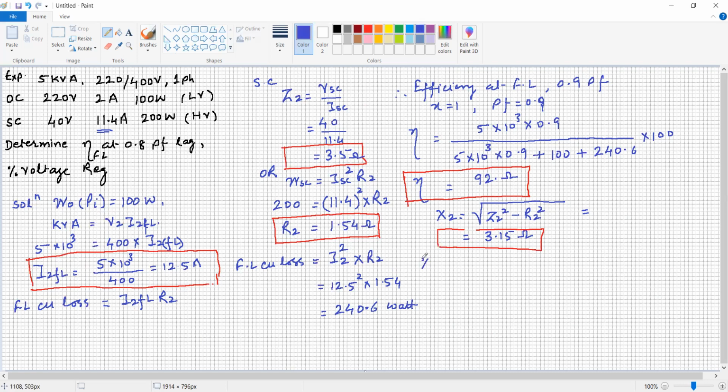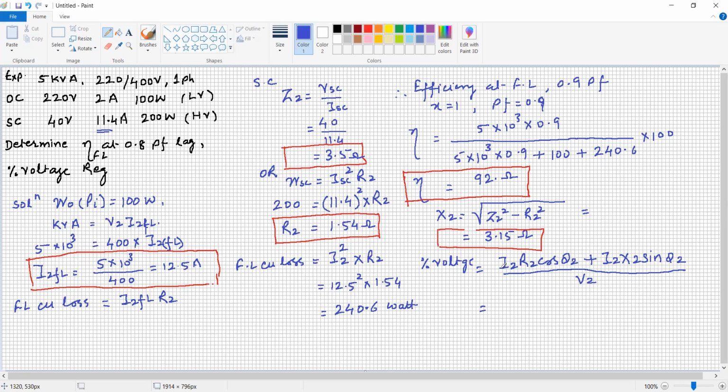Now approximate voltage regulation is equal to I2 R2 cos theta 2 plus I2 X2 sin theta 2, divided by V. So put in these values. Cos theta 2 is 0.9, and sin theta 2 you calculate from the cos inverse and the sine of that angle.